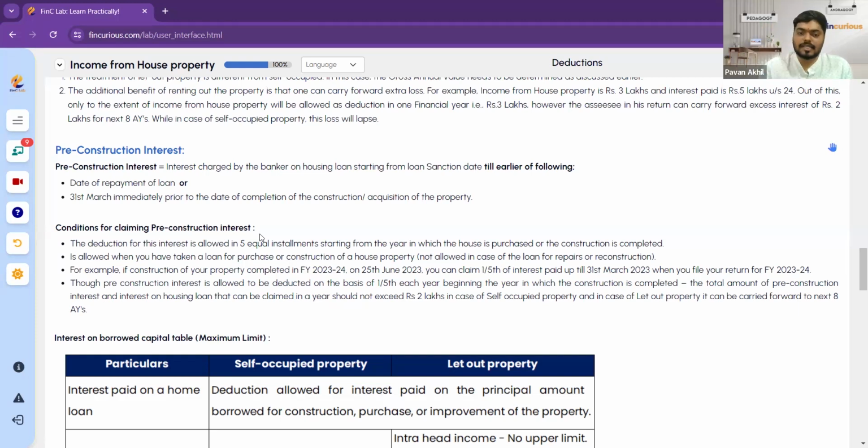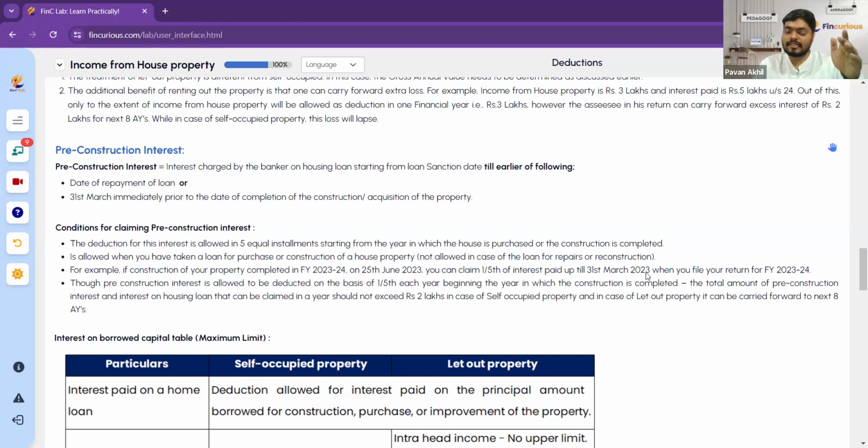So I'll tell you one small example. If I took the loan on 25th June 2023, and construction of the house property is completed in the financial year 23-24, you can claim 1/5 of interest paid up to 31st March 2023, which means if my house property construction is completed on 25th June 2023, I can claim 1/5 of interest paid till 31st March 2023.